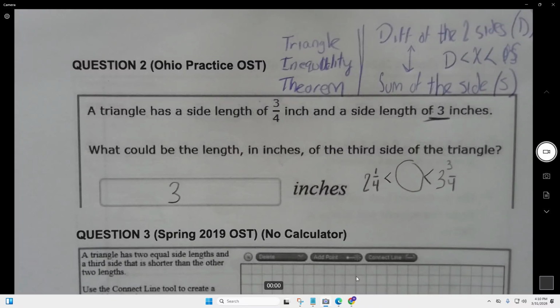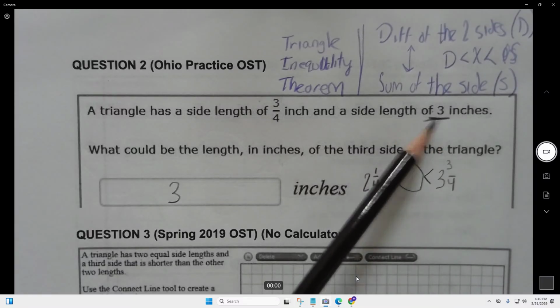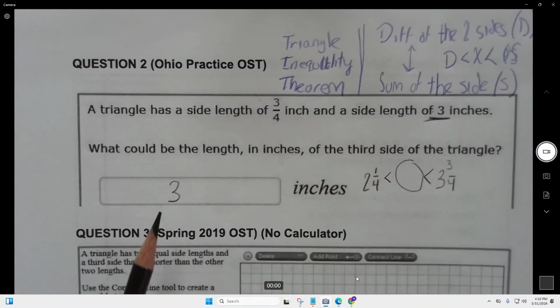You're done. Could you pick 2 2/4? Sure. Could you pick 3 1/4? Sure. Could you pick 3 1/3? Sure. 3 1/2? Sure. Well, why reinvent the wheel? You know you can just pick 3. Just pick 3.